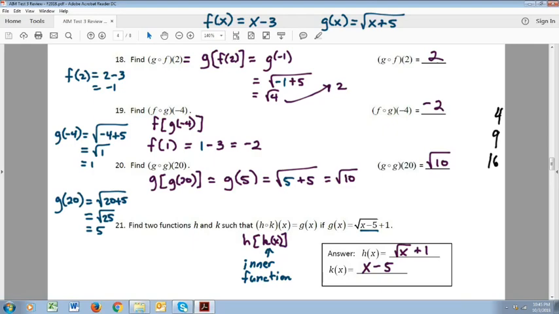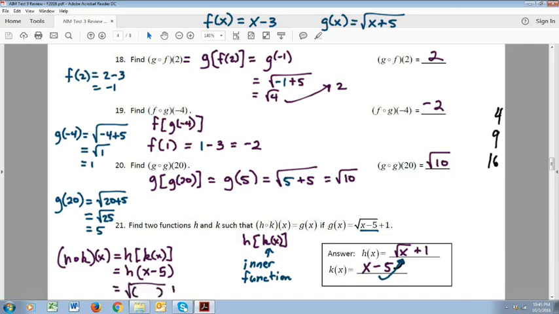You could have chosen your inner function to actually be, whoops, I already did that. Let's see. Oh, I'm sorry, we want to check our answer. If you check your answers, then you'll know that you did it right if it works out. If not, you can try to fix it. So we said h of k of x is equal to h of k of x. And k of x we said is x minus 5.